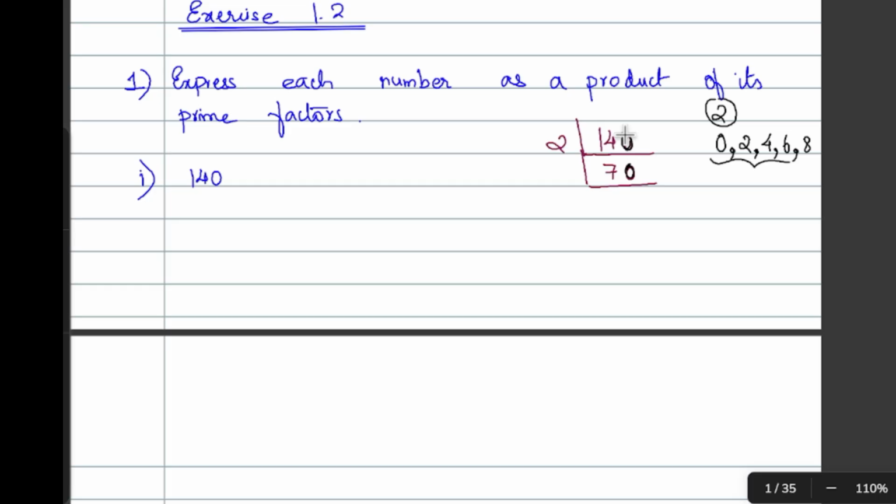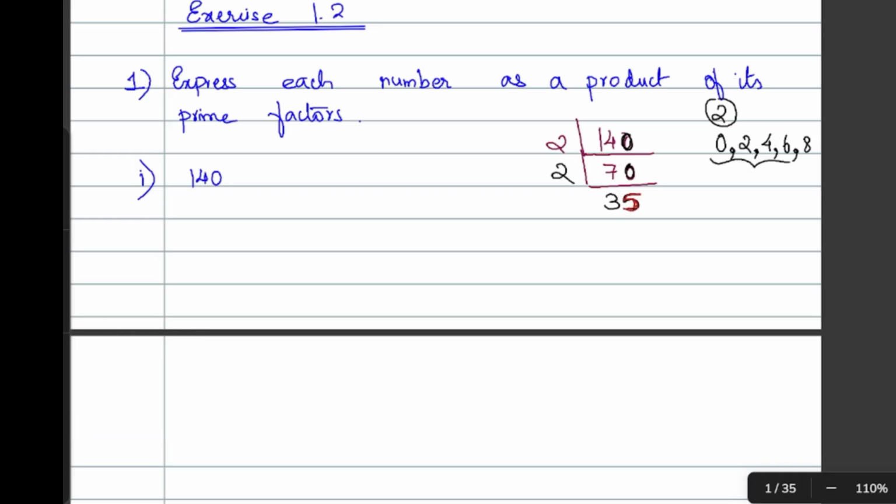So 140 divided by 2 gives 70, and 70 divided by 2 gives 35. Now 35 is not further divisible by 2 because the ending digit is 5.